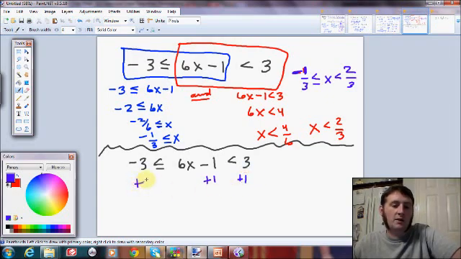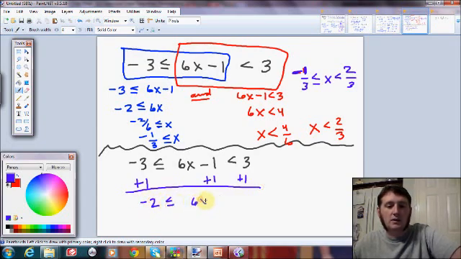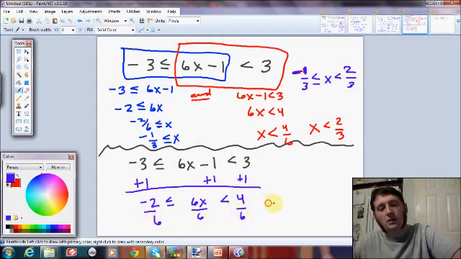So to keep it balanced, you have to add 1 on all 3 parts. So it'd be negative 2 less than or equal to 6x less than 4. We want x by itself, so we need to undo that multiplication. So we divide each piece by 6 all the way through. And in my opinion, with a lot less work.